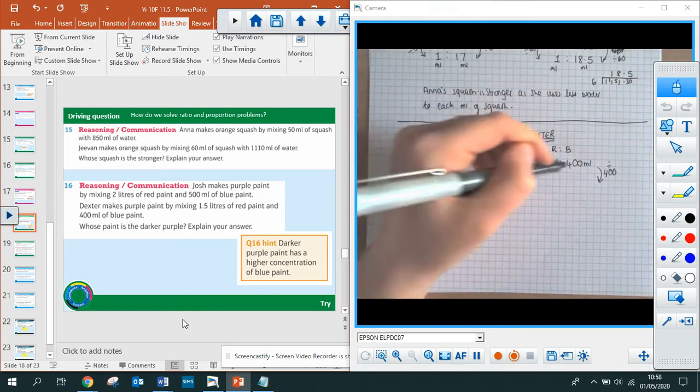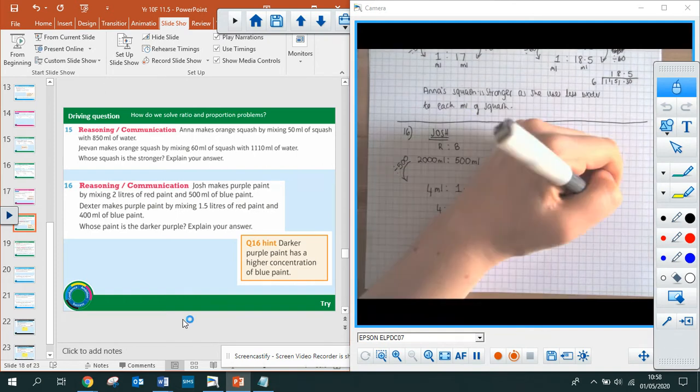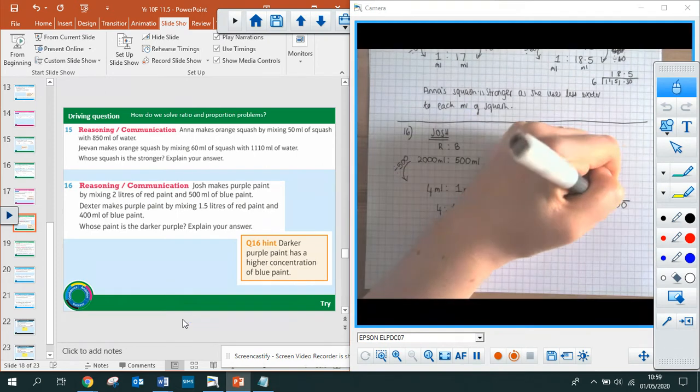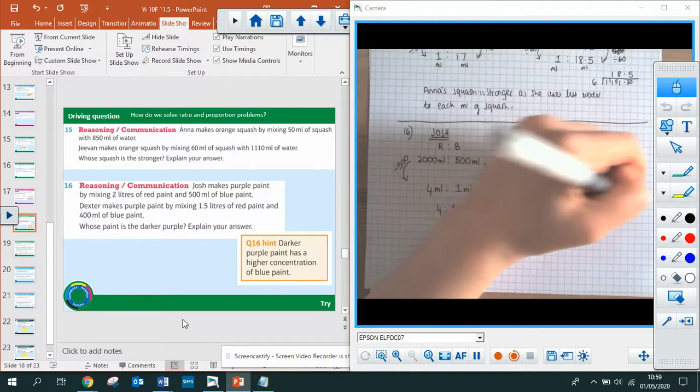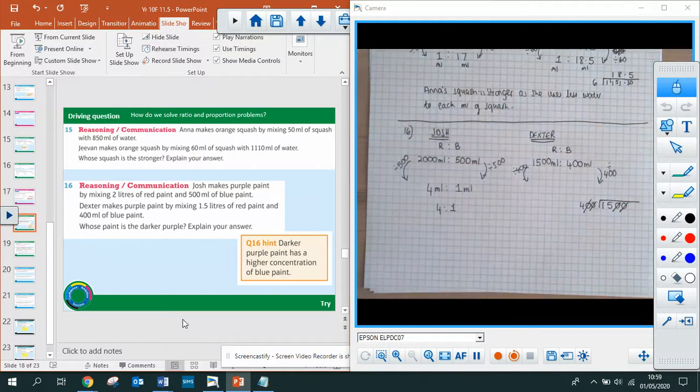Okay, 400 doesn't go exactly into 1500, so I'm going to have to use my bus stop method. So I'm doing 1500 divided by 400. I'm going to take off the zeros. They're both divisible by 100, so I've simplified that and made it much easier for myself, because now I'm just doing 15 divided by 4.